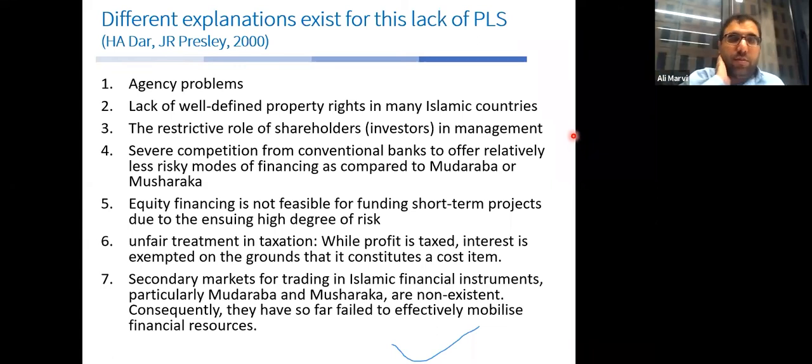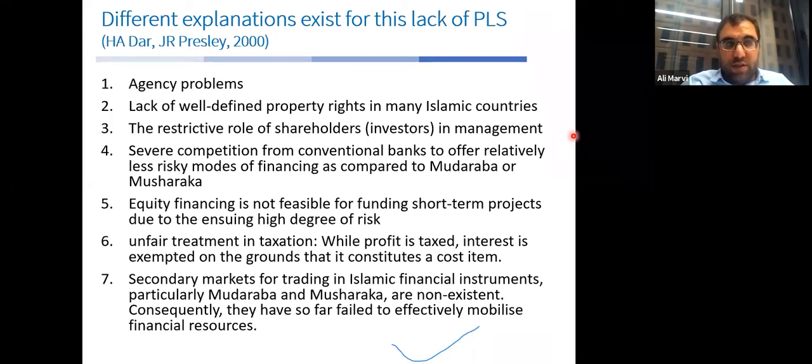The first explanation, also emphasized by many scholars in the field, is the agency problems that arise in PLS contracts. We will have different types of agency problems arising because of informational asymmetry.